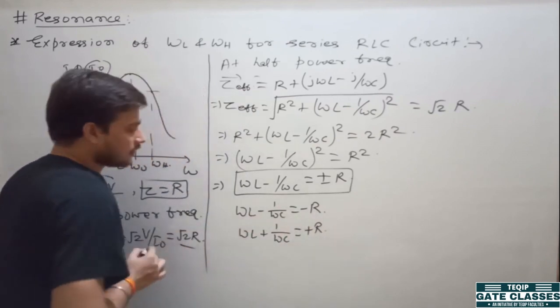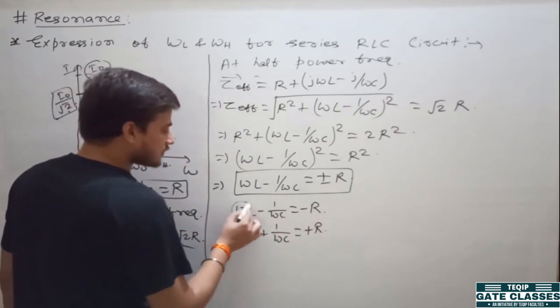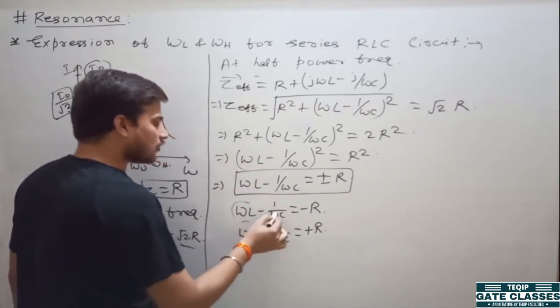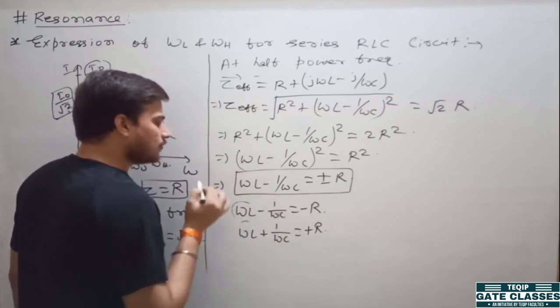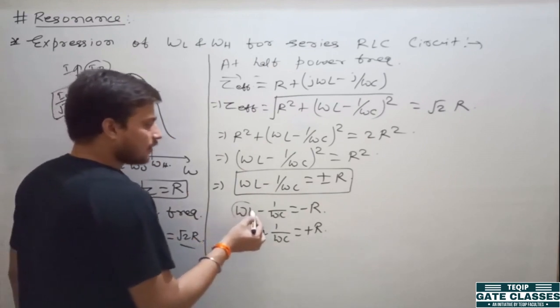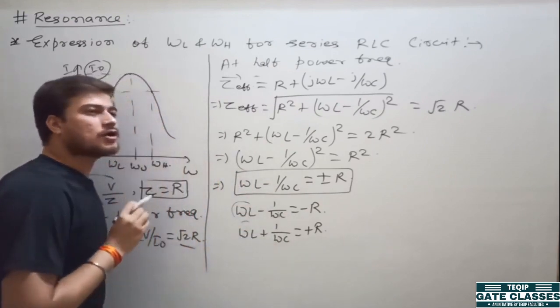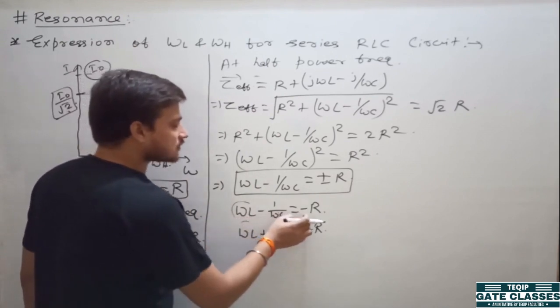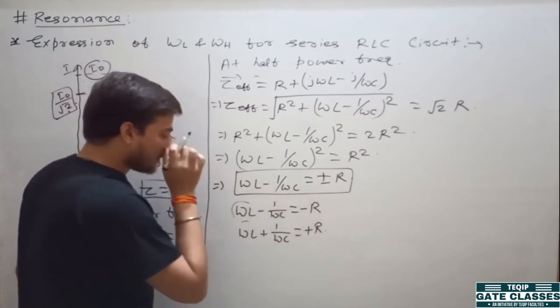So now we have to check if omega is less, then 1 by omega will be more. So that means if you are taking lower cutoff frequency, it will suit in this first expression, then it will come minus.